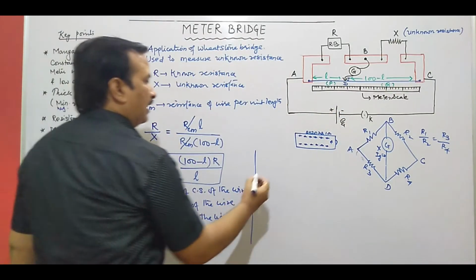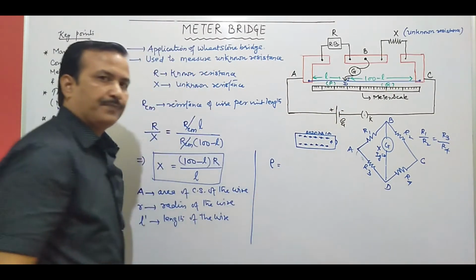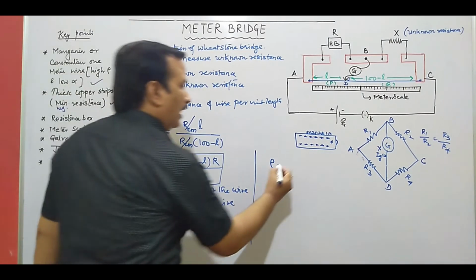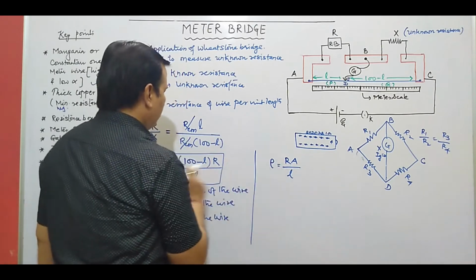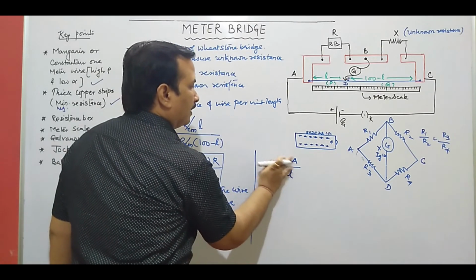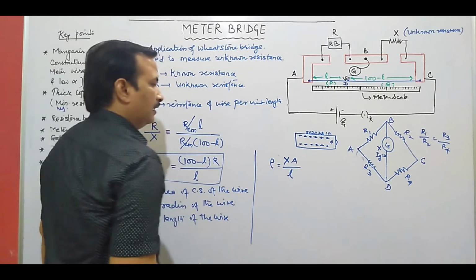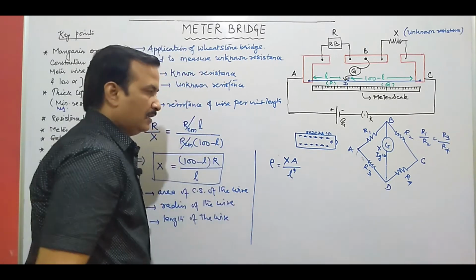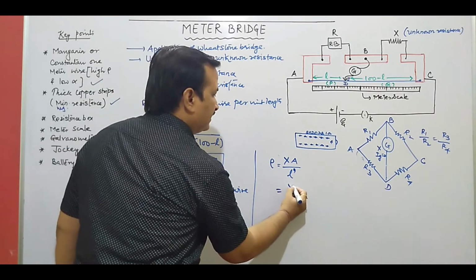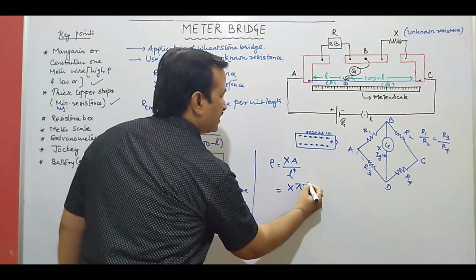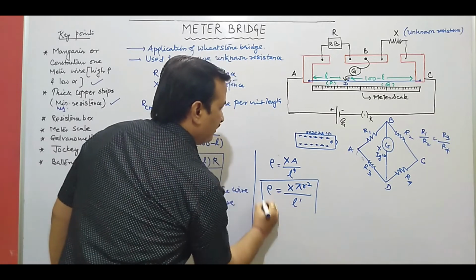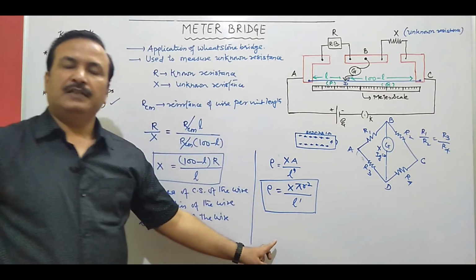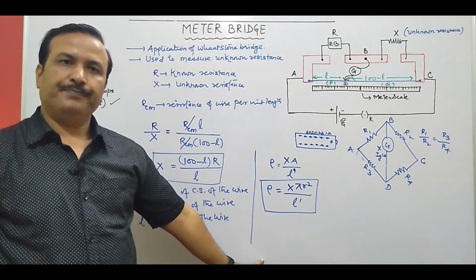So we have rho is equal to formula R A upon L. Basically this formula we have, instead of R we have X here and L dash here. So we will substitute X into area, we can write pi R square upon L dash. This way we will be able to calculate resistivity of the wire.